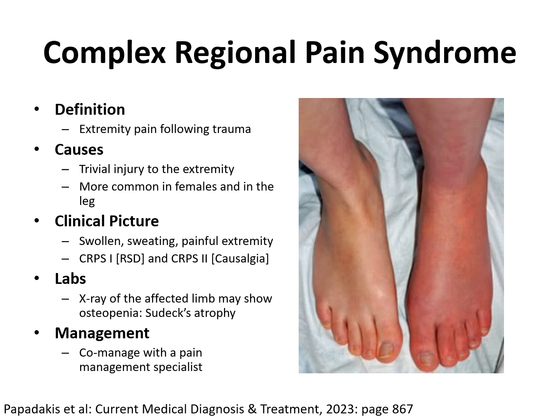CRPS1 is usually otherwise known as reflex sympathetic dystrophy, and CRPS2 is called causalgia. It doesn't matter. You are not going to be tested on whether this is CRPS1 or CRPS2 in the boards, and therefore that is not the focus here.